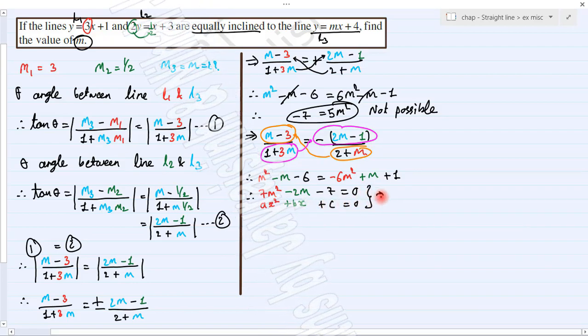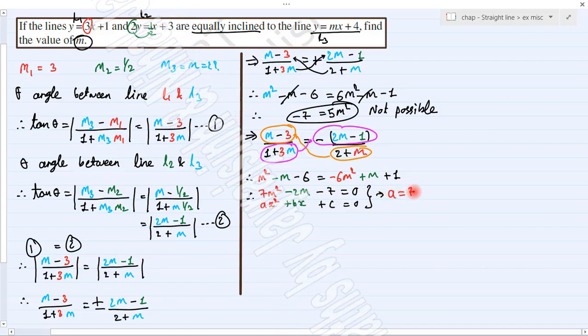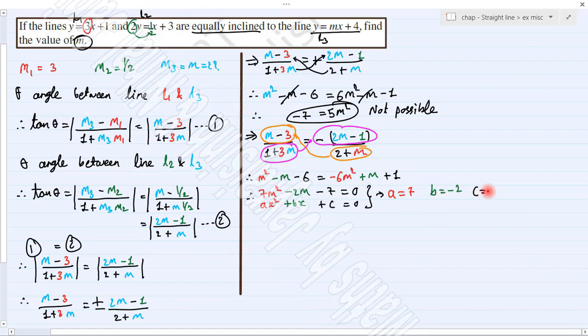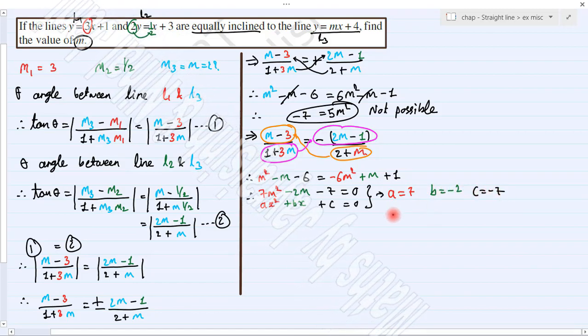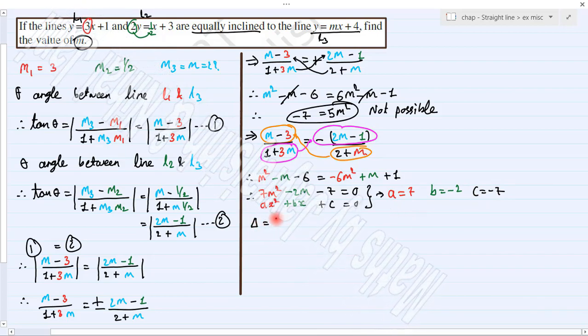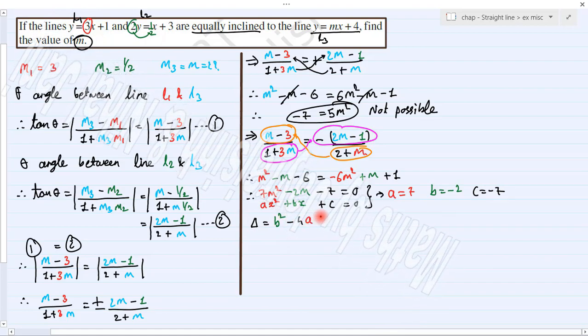So by comparing them, we will get the coefficient of x square as 7, the coefficient of x will be minus b, and your constant term will be minus 7. Now first of all, let's find out the discriminant, which is b square minus 4ac.